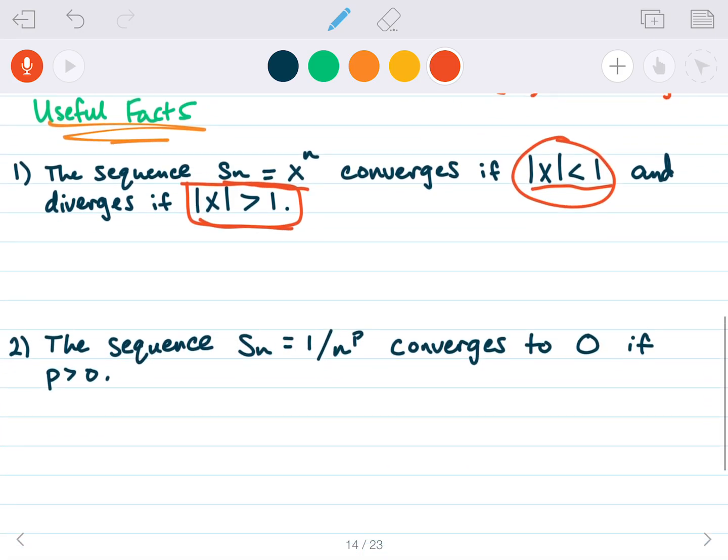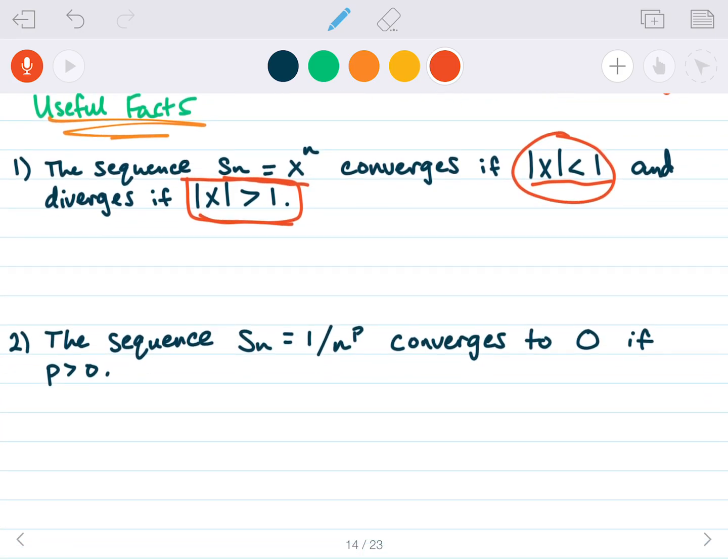And the second fact is something that we've used time and time again in doing limit problems, really. The sequence s sub n equals 1 over n to the p converges to 0 if p is bigger than 0.